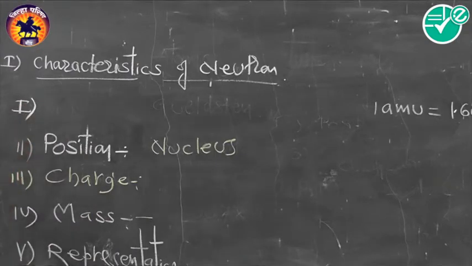Again, this neutron can be distinguished with proton in the form of 5 important points.